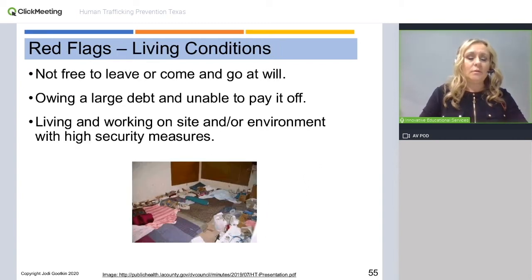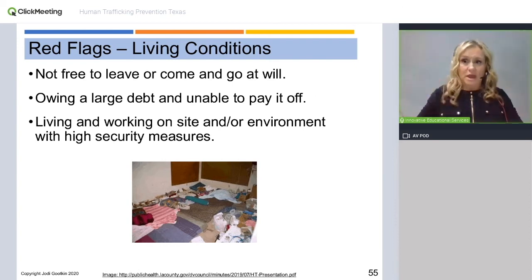What you want to listen for when you're interacting with the individual, or if you're going out into different settings, what you want to look for related to their living conditions is someone who can't come and go on their own, that they're physically brought, often as a group, to the workplace and taken back to their living place, or maybe it's even the same location.